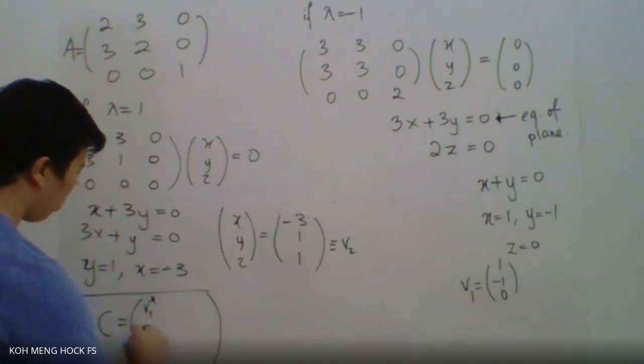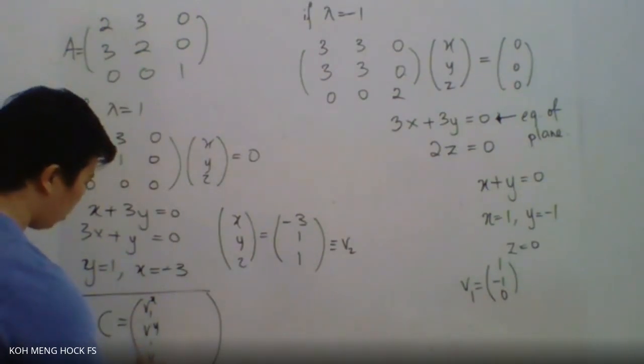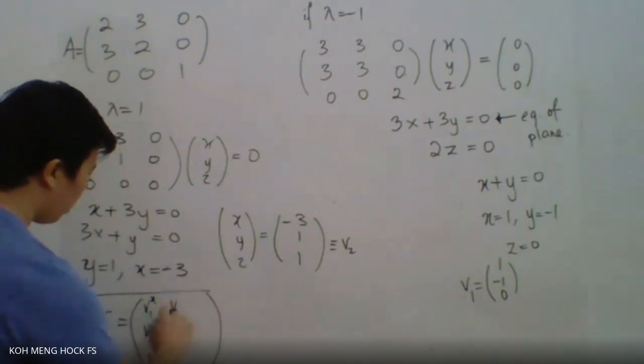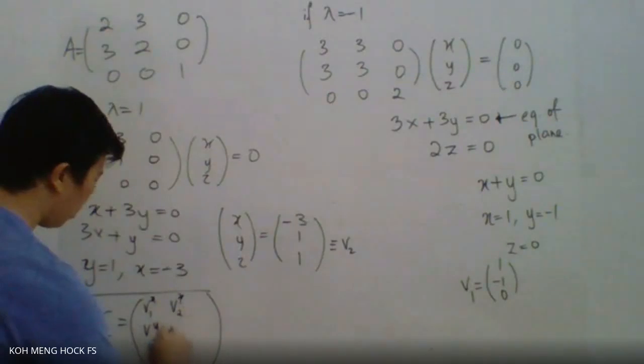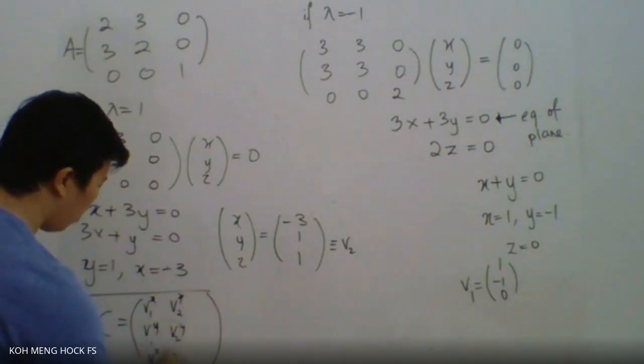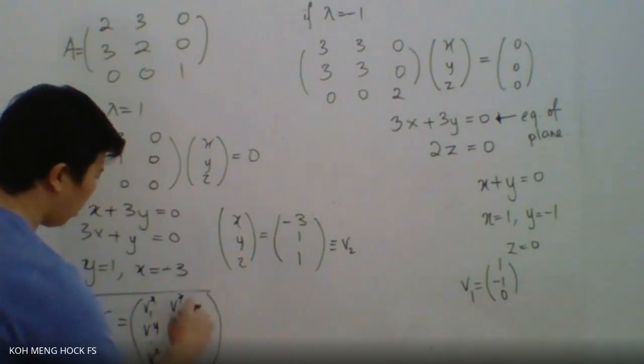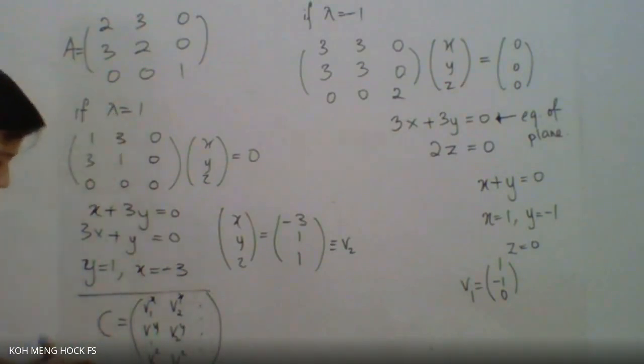Okay, so here you have all the terms over here. So you have V1x, V1y, V1z, V2x, V2y, V2z, and the next row here. Then you will get this matrix C, which combines all these eigenvectors.